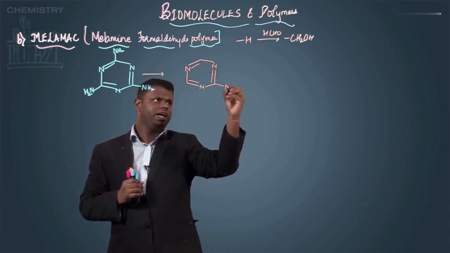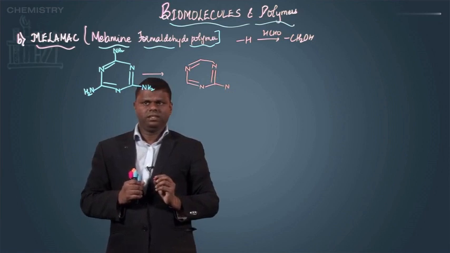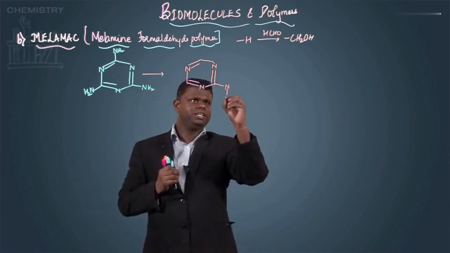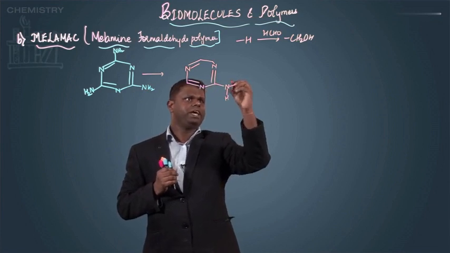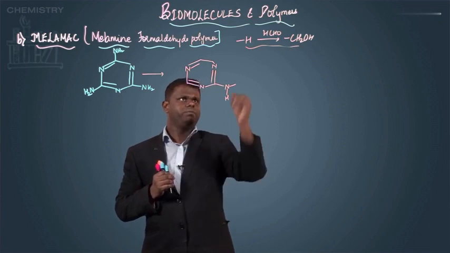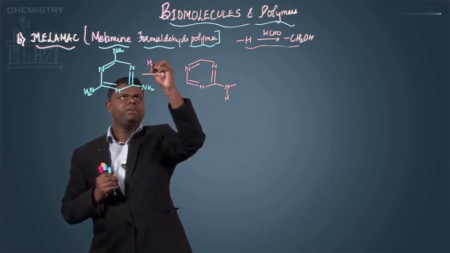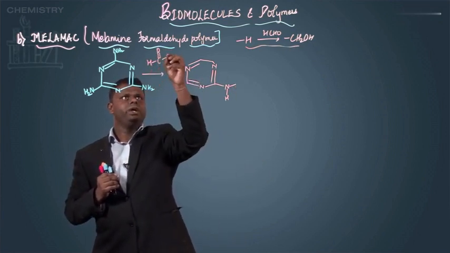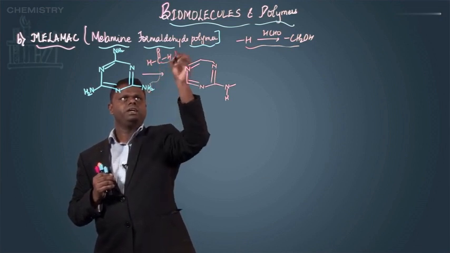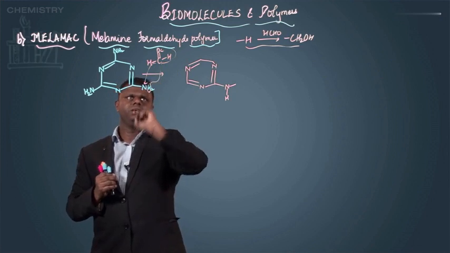Now you have this N. This N is connected to H2, right? So this H will be converted into CH2OH on treatment with formaldehyde. So you have H, C double bond O, H, right? So one of the H will be going and getting bonded over here, and the carbon will bond over here.